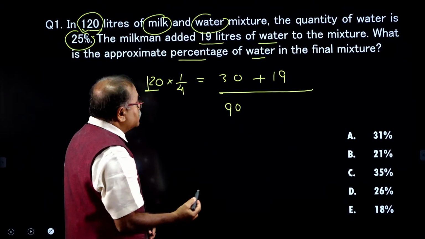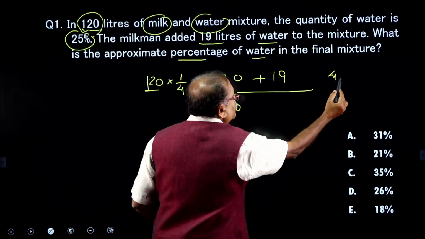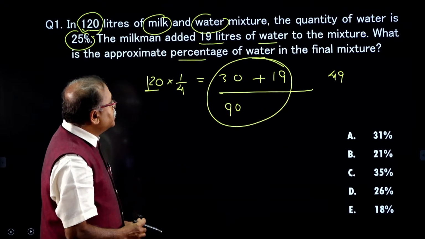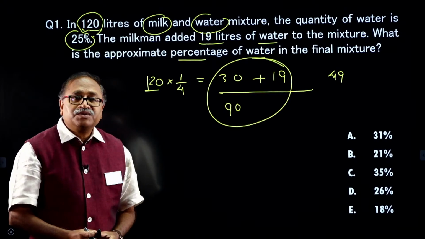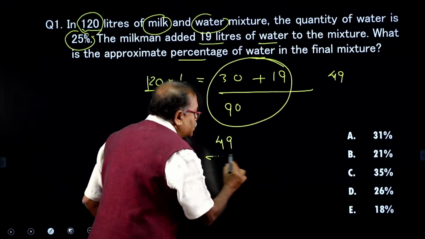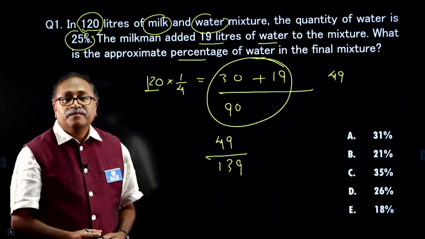So, I get that this total is 49, and what is my total quantity? My total quantity is that is 120 plus 19, that comes 139. So, you are asked to find out 49 is what percentage of 139, that is all.